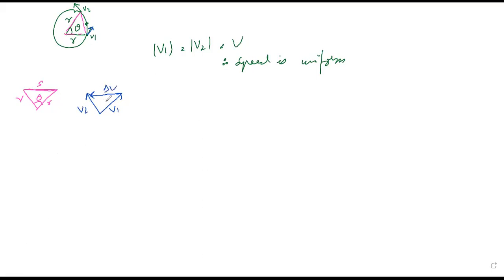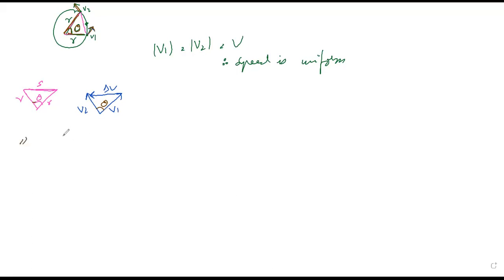By geometry, if one line is perpendicular to some line and the other line is perpendicular to some other line, then the angle between these two lines is the same as the angle between those perpendicular lines. This is the rule gained from geometry. So this theta and this theta would be the same.